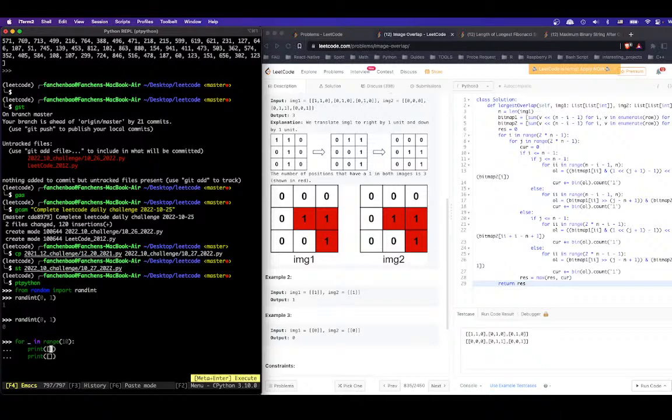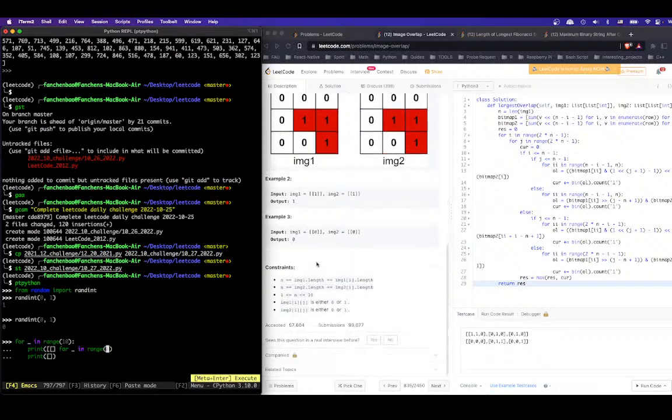For each one, for this in range 10, and then this is just randint 0, 1. Okay, and then we'll do exactly the same.